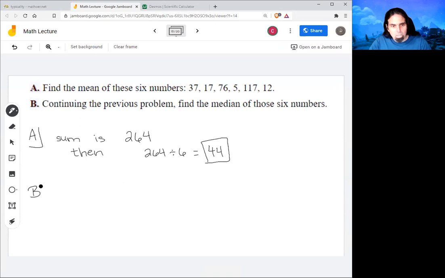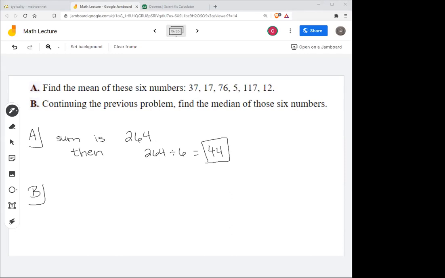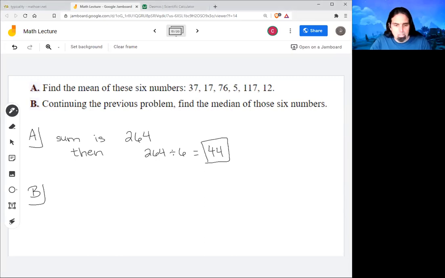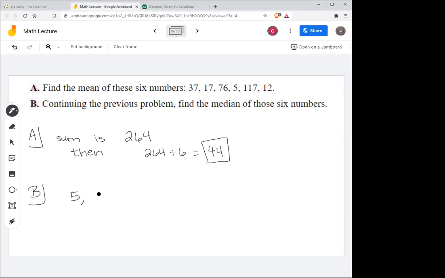Okay. Then for B, what was the order you put things in? 5, 12, 17, 37, 76, and 117.